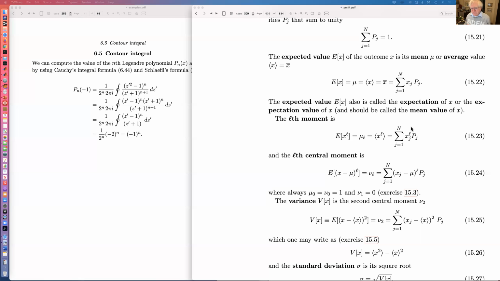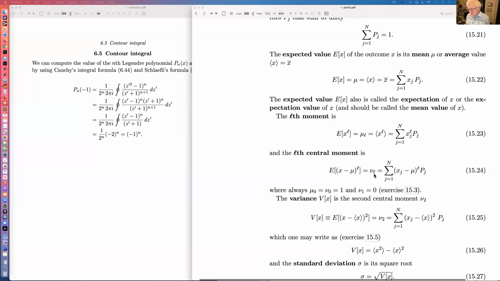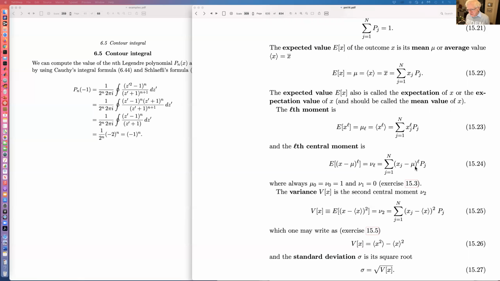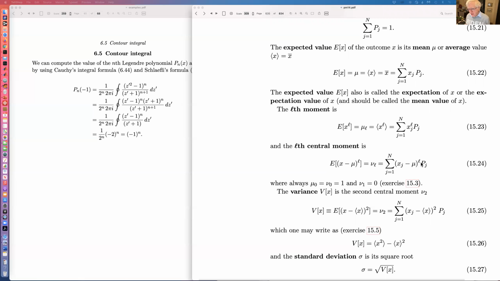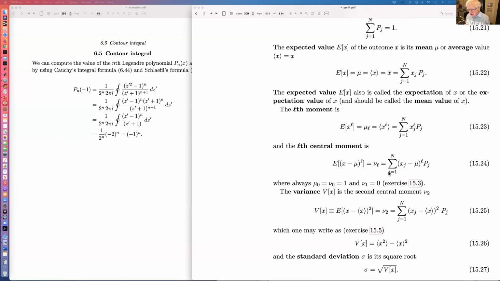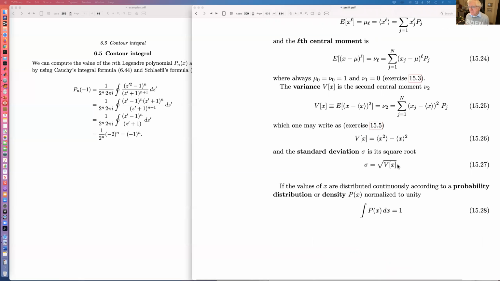The Lth moment is the average value of x to the L. So it's xj to the L, pj. The Lth moment is mu sub L. The Lth central moment is nu sub L, and that's xj minus mu, the average value, raised to the power L times pj summed over all the possibilities.